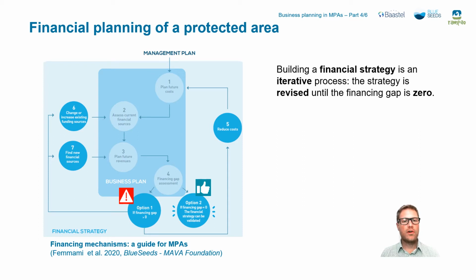And remember this figure, which begins with your management plan and details the 7 steps which are necessary to balance your financial strategy and ensure that your financial gap is close to zero. Well, we've already detailed the 4 first steps of this roadmap, and we're now going to explore the 5th step, which is how to reduce costs.